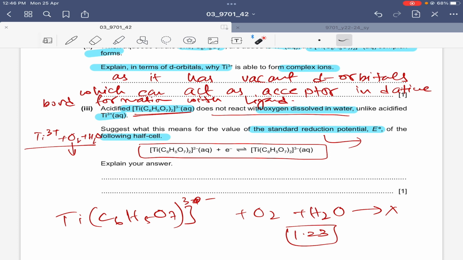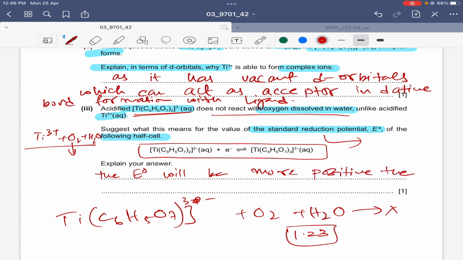So we can say that the E0 will be more positive than plus 1.23 of oxygen, right?